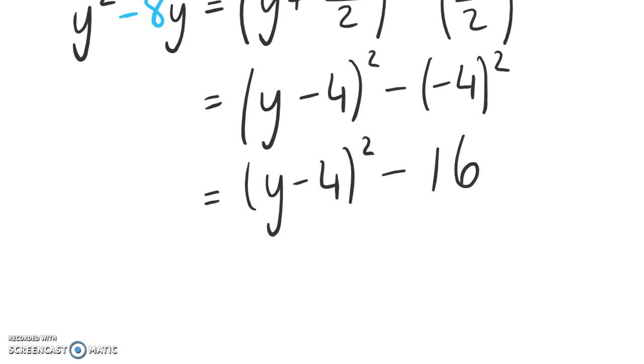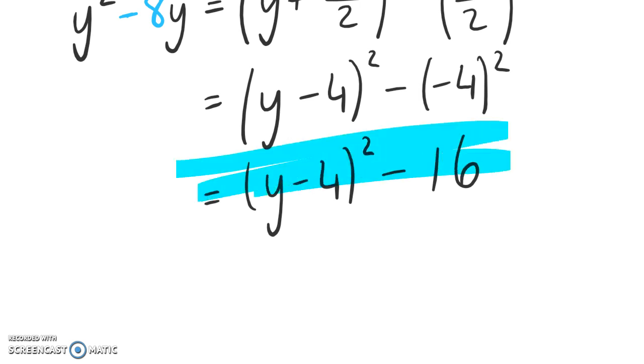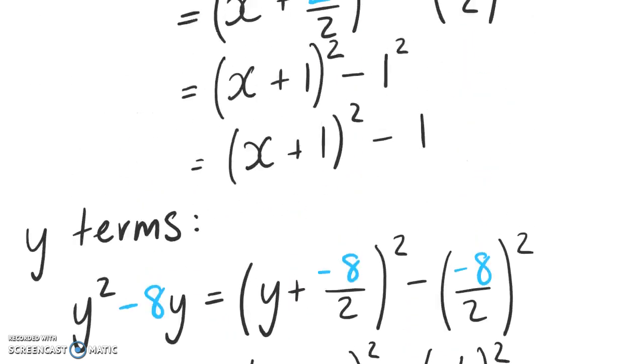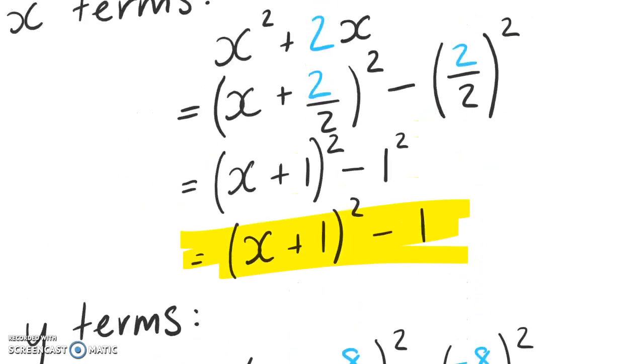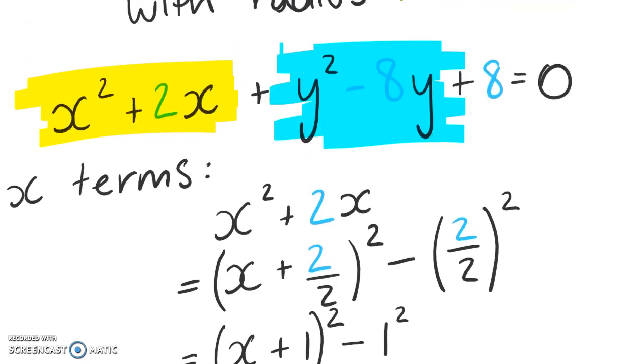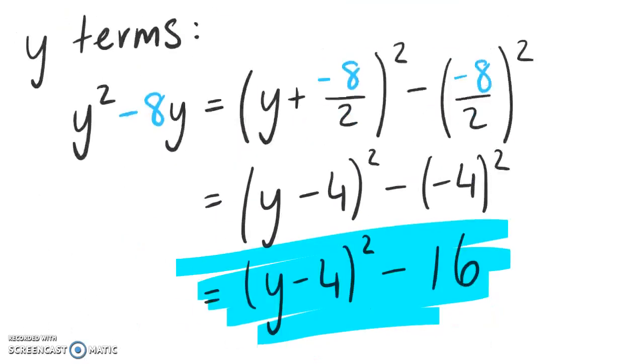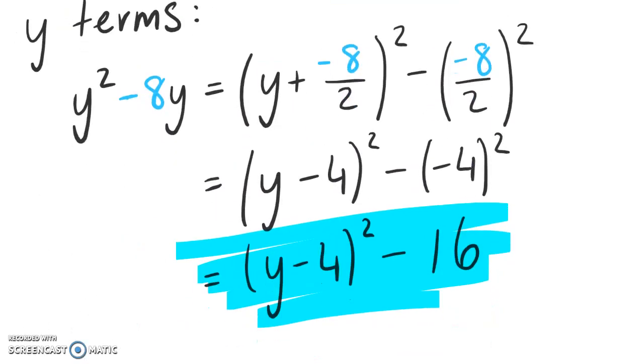Okay, so let's highlight these the way that we did in the first equation. Our y we highlighted in blue, and our x we highlighted in yellow. So back to that first equation, we had the x terms plus the y terms plus 8 equals 0.